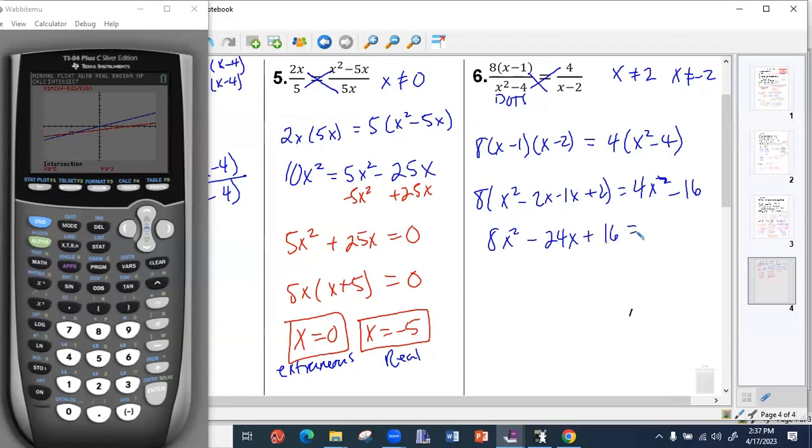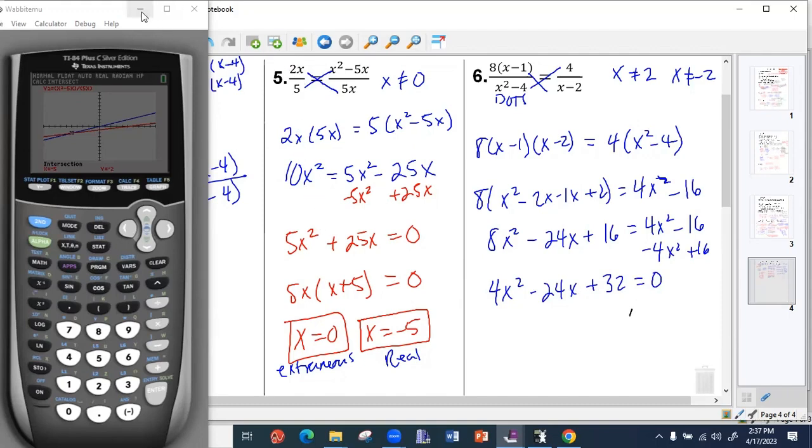Plus 16 equals 4x squared minus 16. Now I'm going to combine like terms. So by combining like terms, I'm going to subtract 4x squared and add 16. So when I do that, I'm going to be left with 4x squared minus 24x plus 32 equals 0.